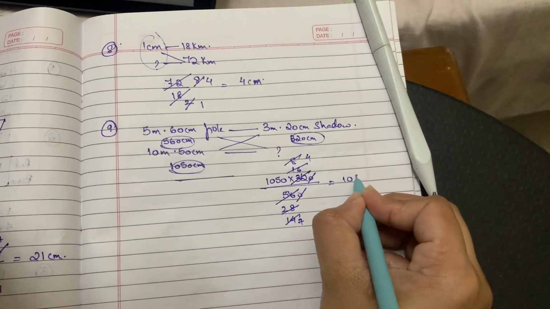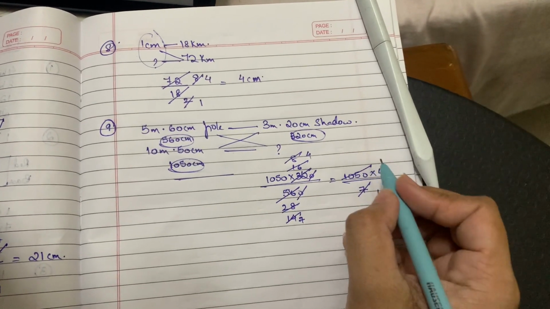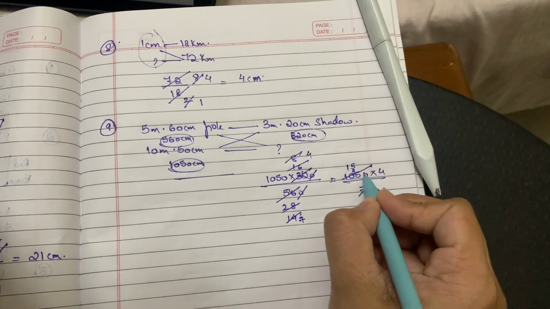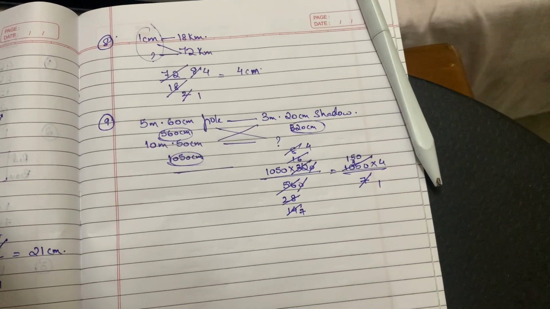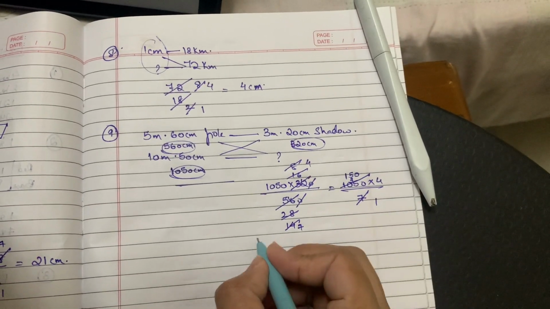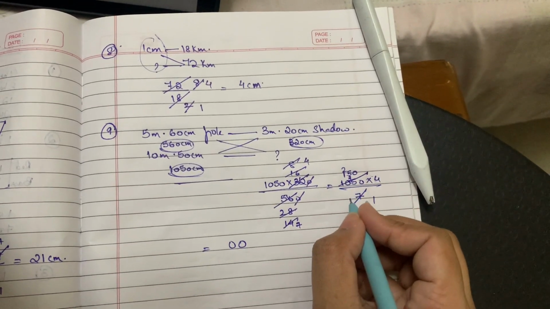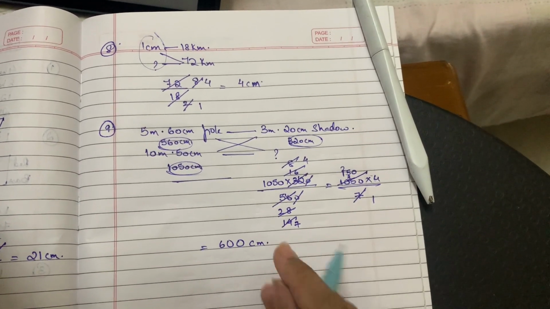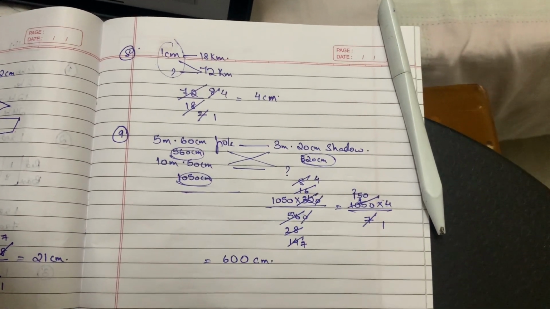What are you left with? 1050 times 4 upon 7. 7 times 150 is going to give me 1050. Let's multiply it: 4 zeros are 0, 4 fives are 20, 4 ones are 4, so 600 centimeters will be the length of the shadow for the pole.